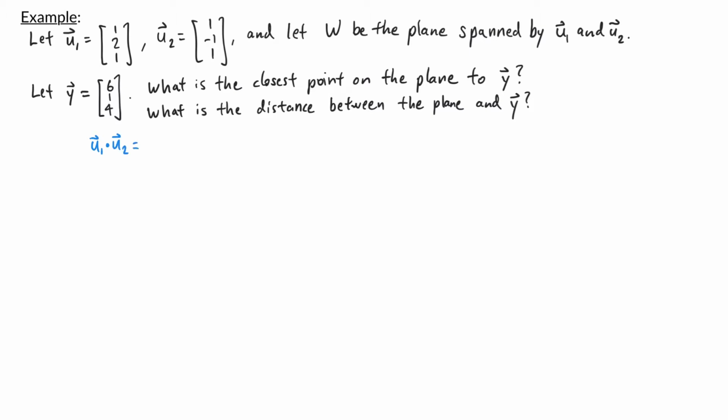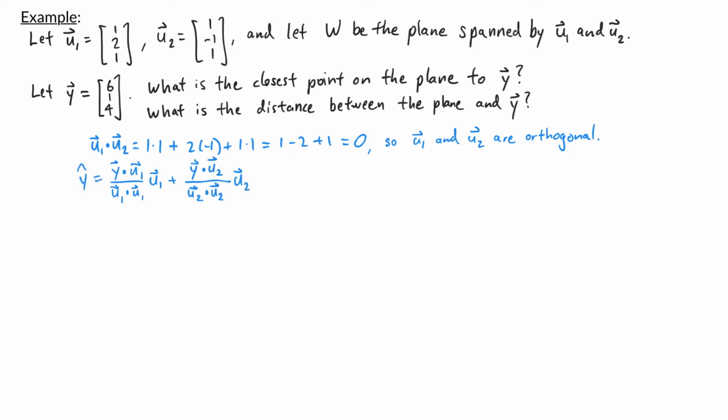This gives me 1 times 1 plus 2 times negative 1 plus 1 times 1, which is 1 minus 2 plus 1, which is 0. So u1 and u2 are orthogonal. And if they're orthogonal, we know that they're linearly independent. And since they're orthogonal, linearly independent, and they span W, we know that u1 and u2 form an orthogonal basis for W.